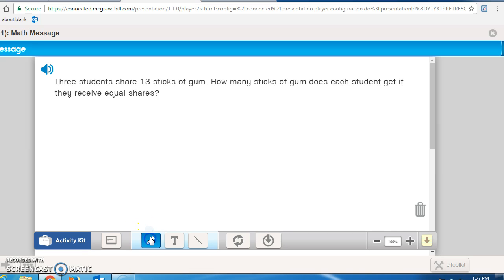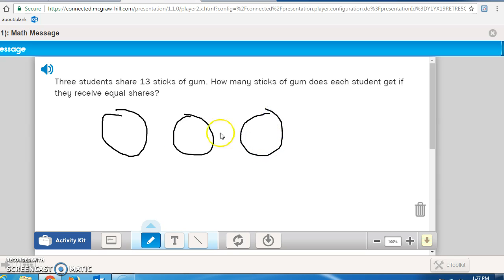Well, one way that I would like to do this is I would start to draw 3 circles for my 3 students. And I have 13 pieces of gum. So I'm going to start giving each student a piece of gum. 1, 2, 3.